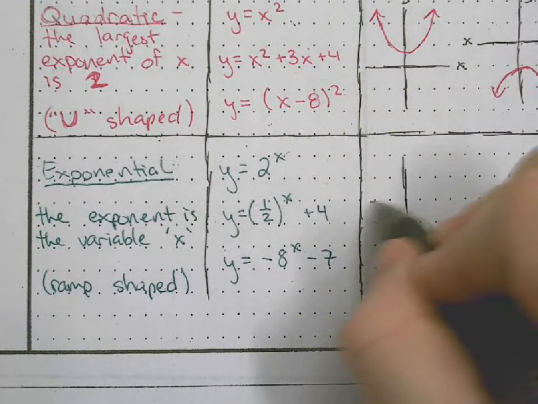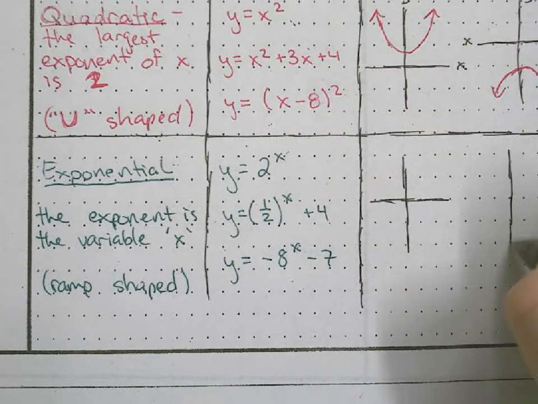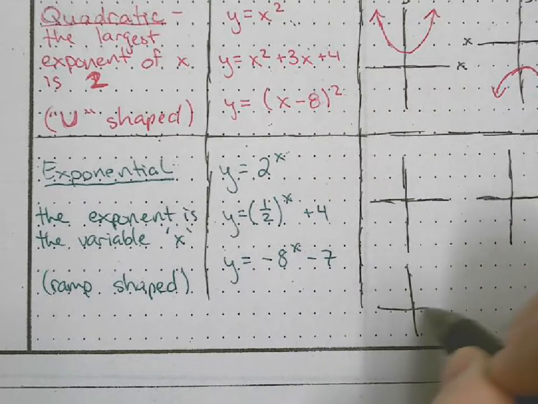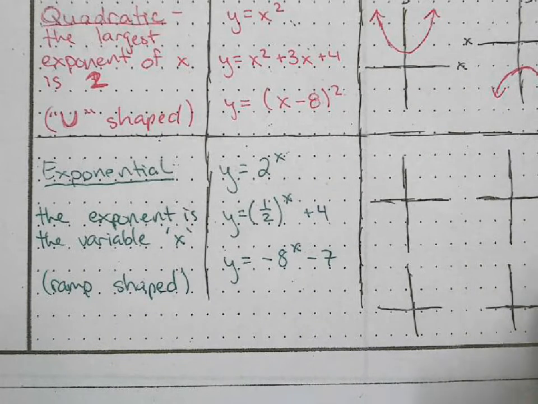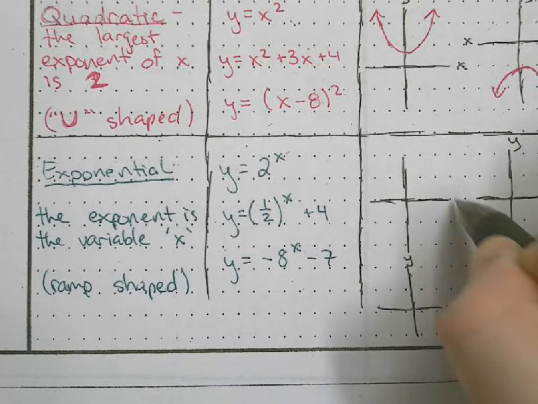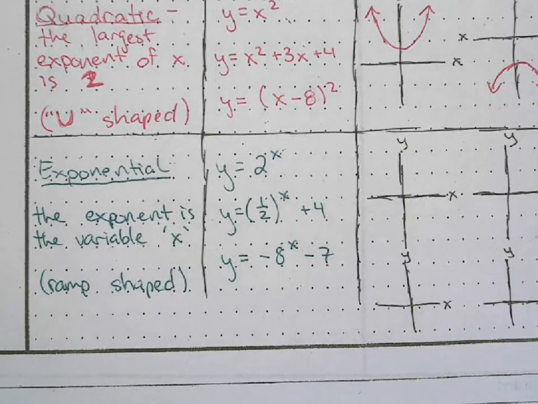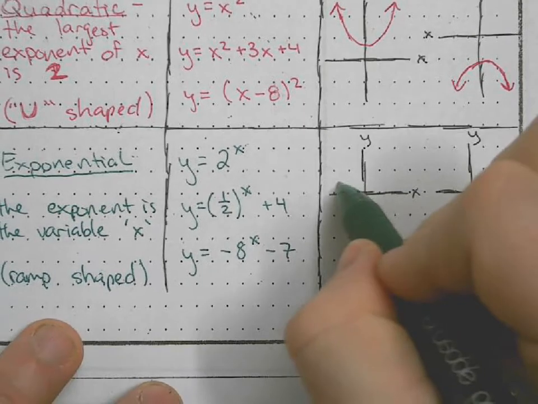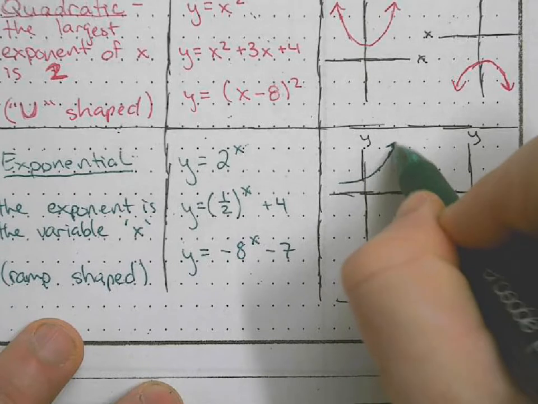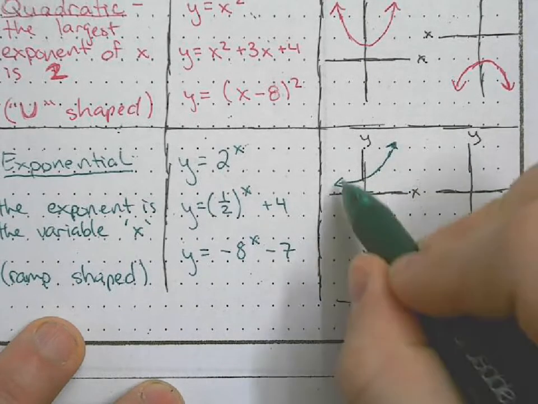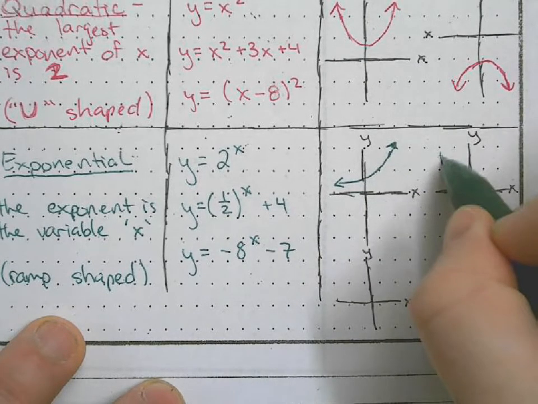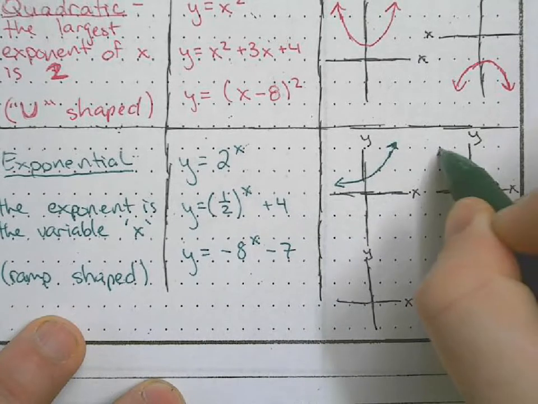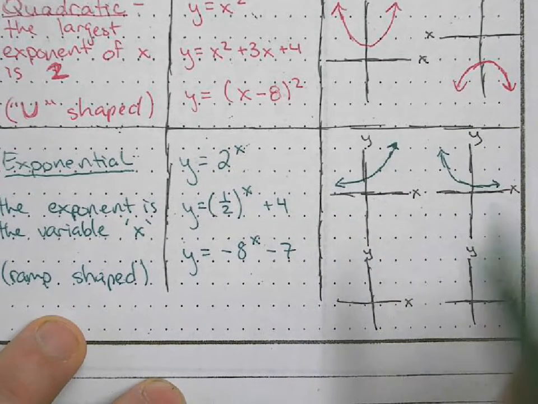We got a few pictures. Technically 4 different types. So we have where our ramp is going up. From left to right, we're increasing. From left to right, we're decreasing. And then we can just flip it over the x-axis.